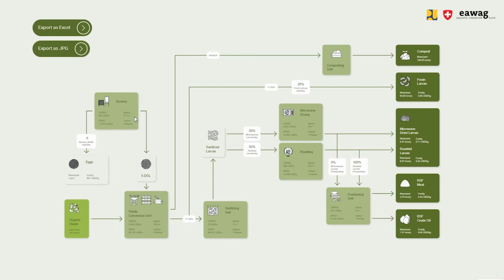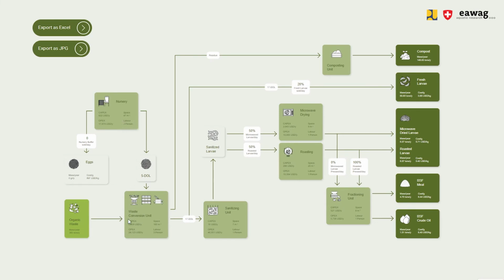What we mentioned on the last pages is that the space is calculated as a function of the amount of equipment and the space that it takes in the building. So for example, for this nursery, the space usage is 47 square meters. And then the labor is the number of people, operators and or supervisors, that are required in this process. In this case, 2 people.